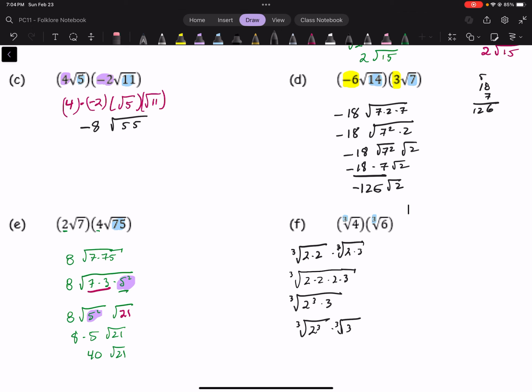Or, since the cube root and cubing are inverse functions, that just leaves us with the coefficient 2. So this would be 2 cube root of 3. Let me perhaps write that a little bit nicer. 2 times the cube root of 3.